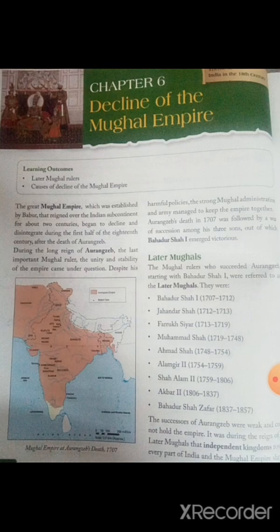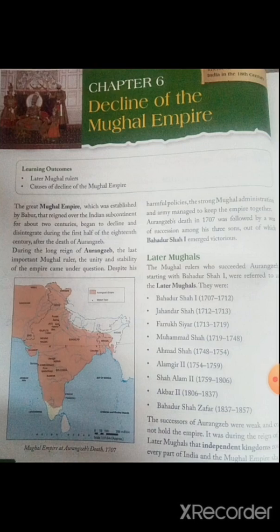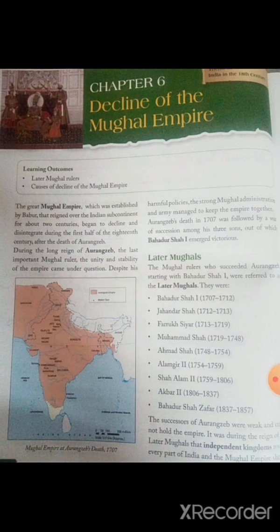Next point is the later Mughals. The Mughal rulers who succeeded Aurangzeb, starting with Bahadur Shah I, were referred to as the later Mughals.